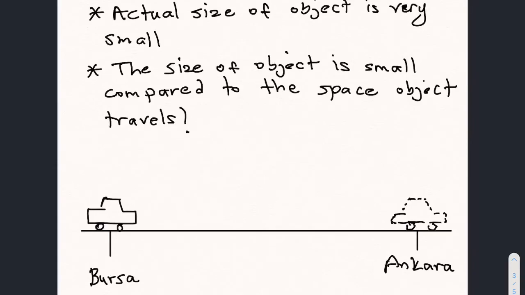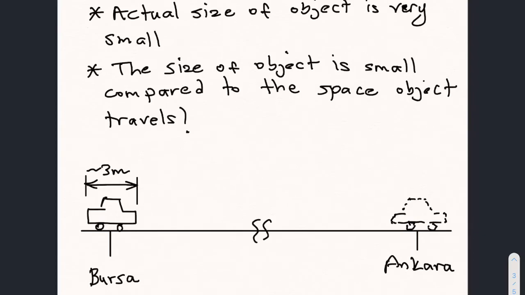But what is the size of the car? It's approximately 2.5 meters or 3 meters. So compared to the size of the car, the distance traveled is huge. This is about 3 meters, of course, it varies depending on the car. It's just an approximation.